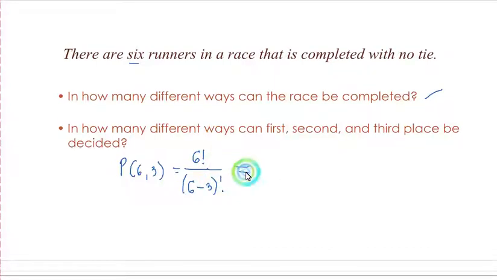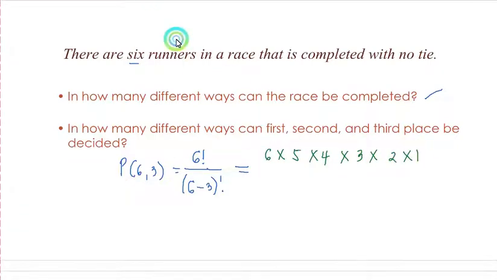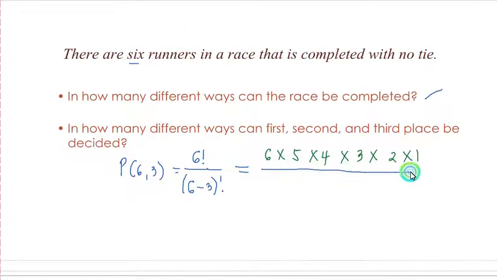Kung i-plus start na siya based on calculation, we have 6 times 5 times 4 times 3 times 2 times 1 over, sa atong denominator, 6 minus 3, that is 3 factorial, 3 times 2 times 1.